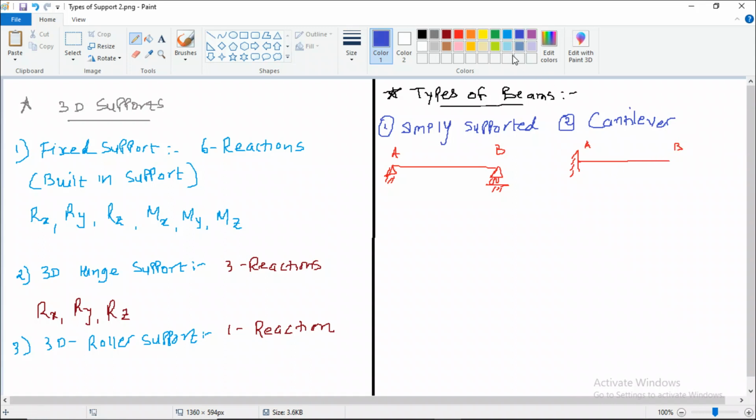The third type of beam is the propped cantilever beam. So how will this propped cantilever beam look like? First we need to draw a cantilever and then draw a roller support on the free side. So this is how your propped cantilever beam will look like graphically.